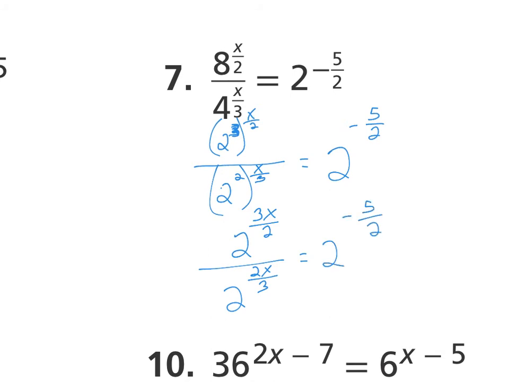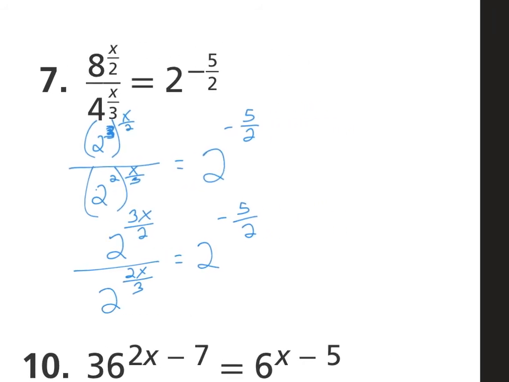When I'm dividing my exponents, I am going to be subtracting. When I'm dividing two powers, I'm subtracting my exponents. So I have 2 to the 3x over 2 minus 2x over 3 equals 2 to the negative 5 over 2.